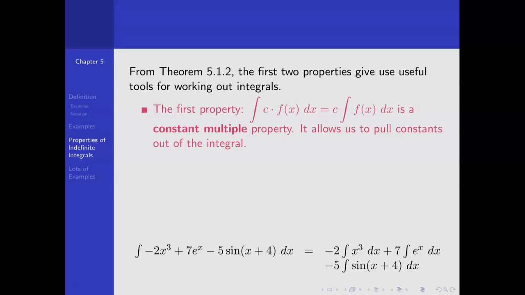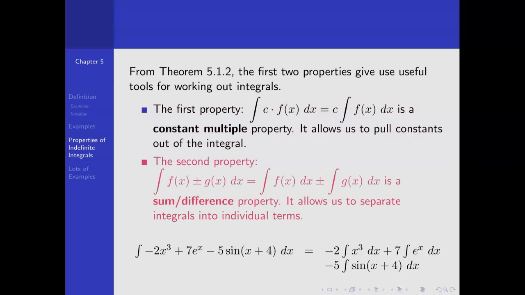All right, from that theorem, the first two properties give us two useful tools for working out integrals. The first property is a constant multiple property, and it allows us to pull constants out of the integral. The second property is the sum and difference property, and it allows us to separate integrals into individual terms.